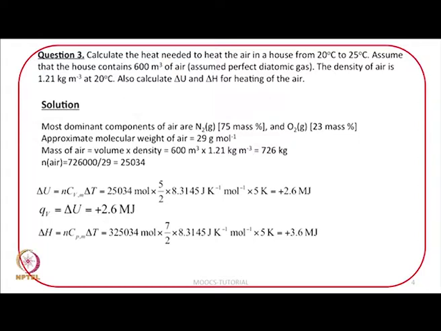So, you see the first law of thermodynamics allows us to find out many useful thermodynamic parameters which are either connected with internal energy or connected with heat, and also one can connect this with the work.